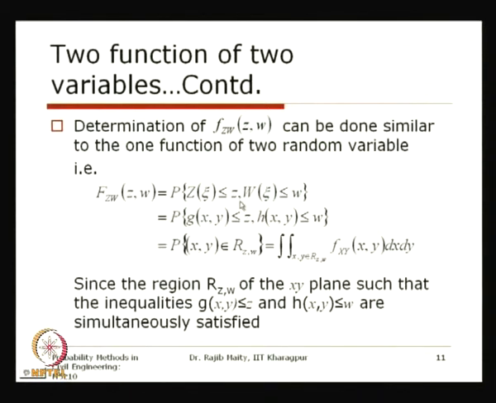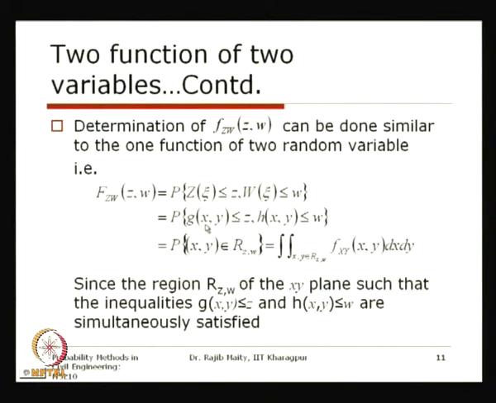This comma, as we discussed earlier, indicates the simultaneous occurrence of both these events. In whatever cases both events occur simultaneously, we get their probability, and that probability is nothing but the cumulative probability of the joint distribution between Z and W. Now, this can again be expressed, since Z is a function g(X,Y).